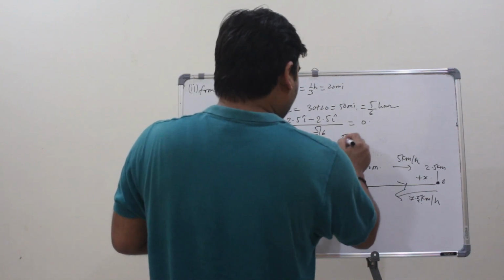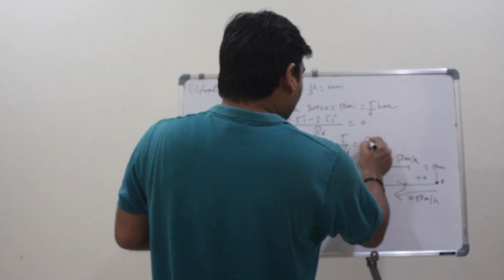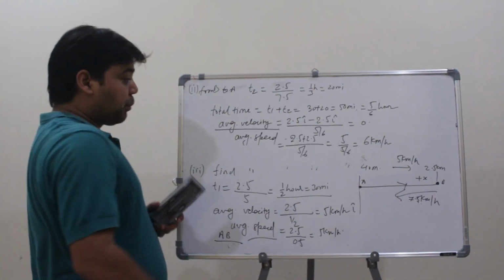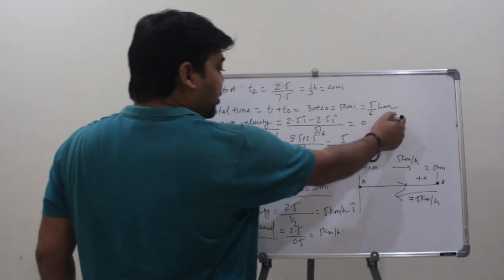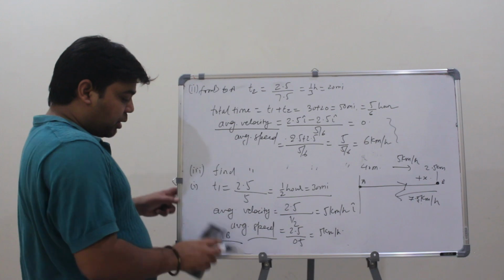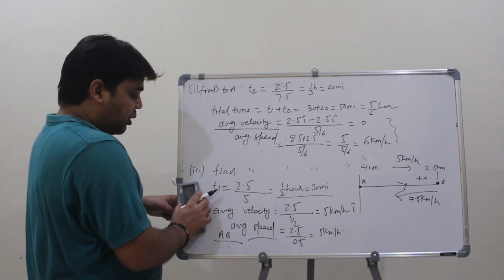So it is 5 divided by 5 by 6. So average speed will be 6 km per hour. Just simply multiply, right? You see, so average velocity is 0 in this case and average speed is 6 km per hour. Now let us go to this last part, the third one.